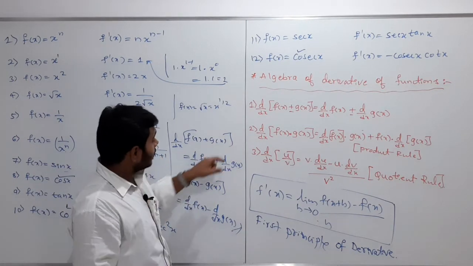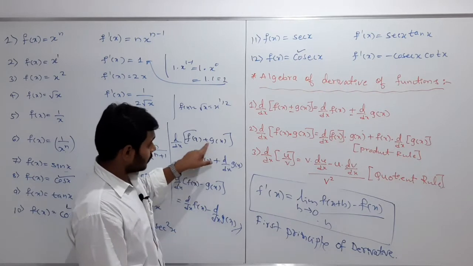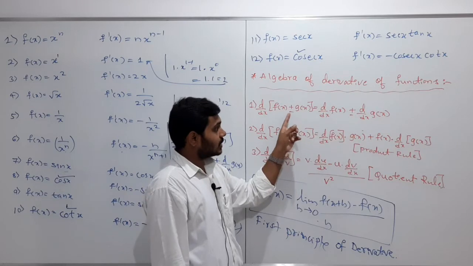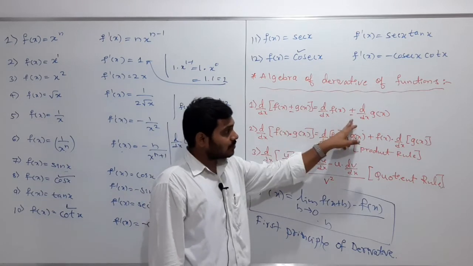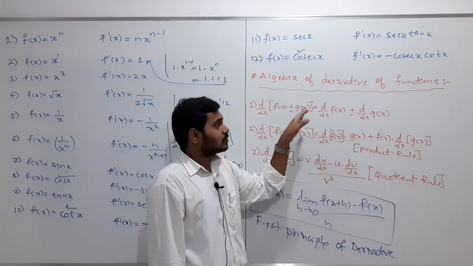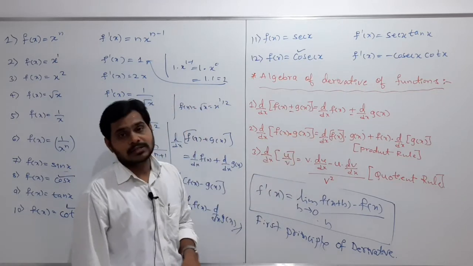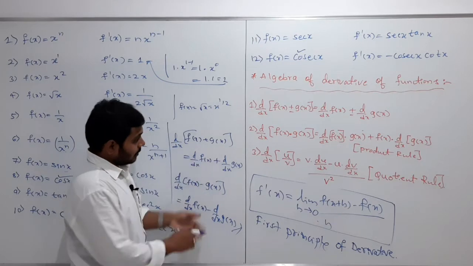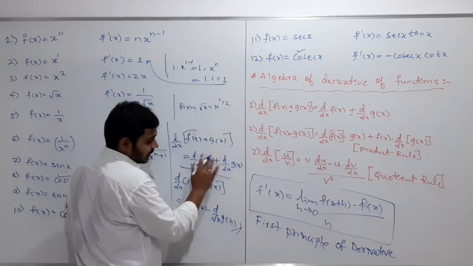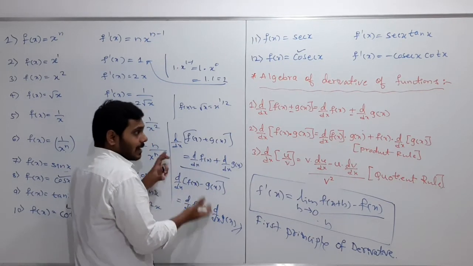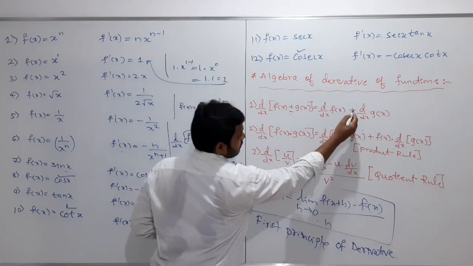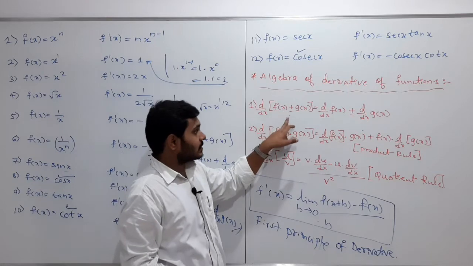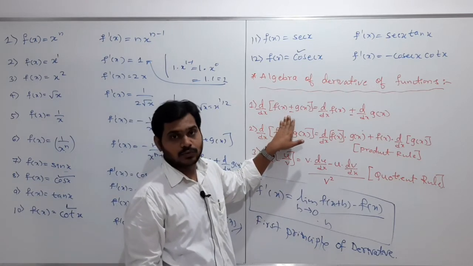So I merged these two, plus and minus, instead of writing two different formulas, and wrote plus or minus here also. It means this formula is valid for both addition and subtraction, clear.